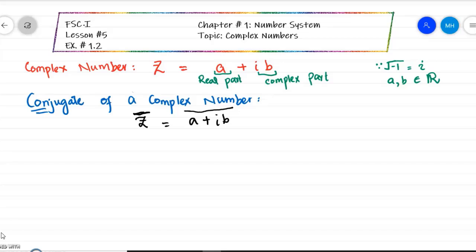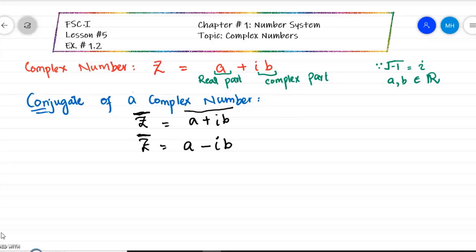This will change the sign of only the complex part, or you can say the sign of only the term which has iota. So it will change only the sign of the complex part of the complex number. This is called the conjugate of z, or the conjugate of a complex number.